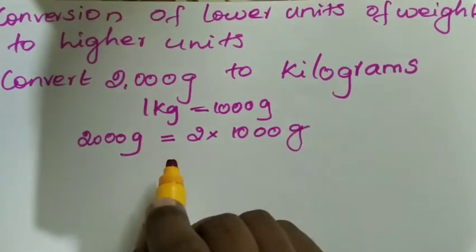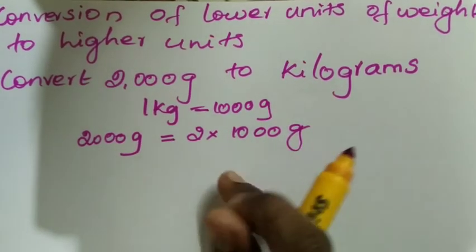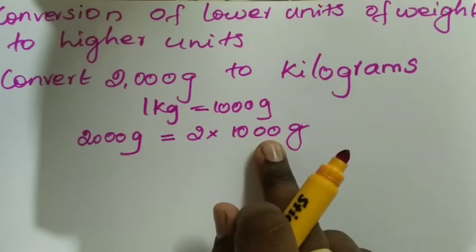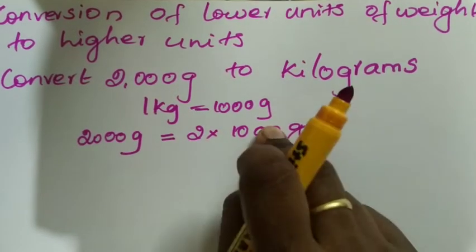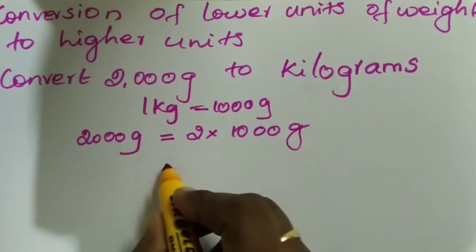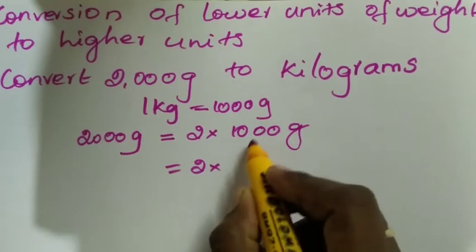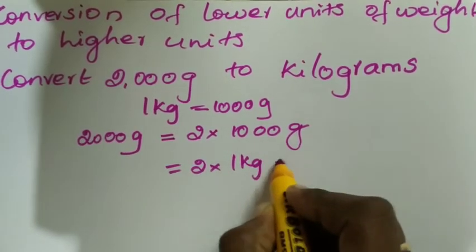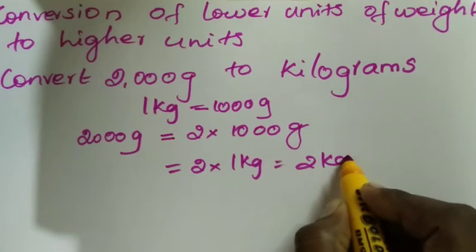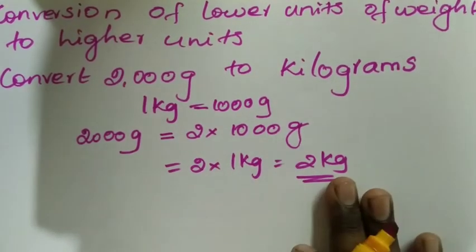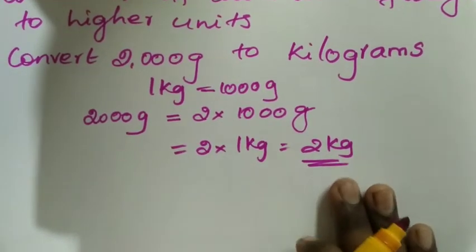I am right? Yes. So we know that 1000 gram is what? 1 kg. So instead of 1000 gram, write there 2 into 1 kg. So what is the answer? 2 kg.